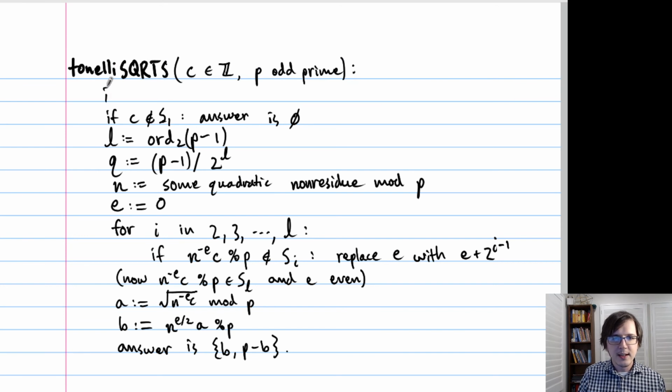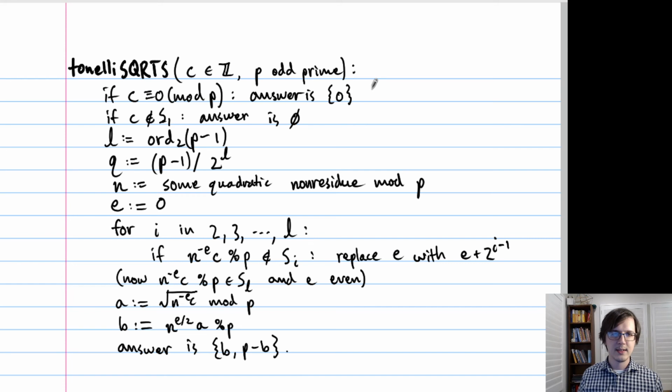So if C is congruent to 0 mod P, the answer is just the set containing 0. So after this point, we can assume C is non-zero mod P.